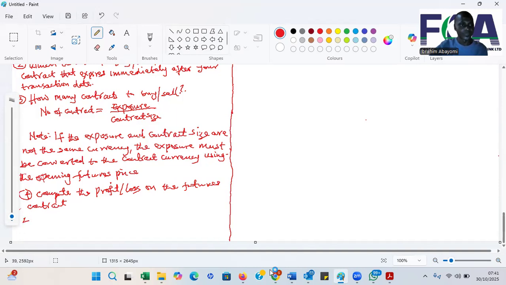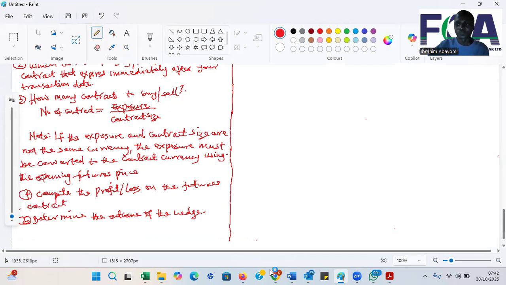Then 5, determine the outcome of the hedge. This is a revision. We did this in our last class, so I'm just revising it so that you know where we stopped.